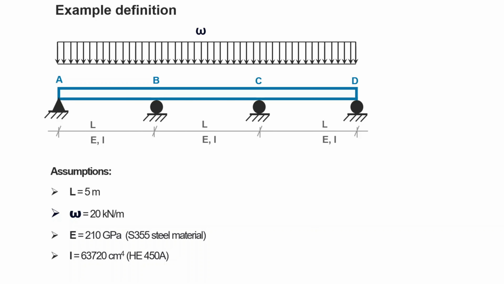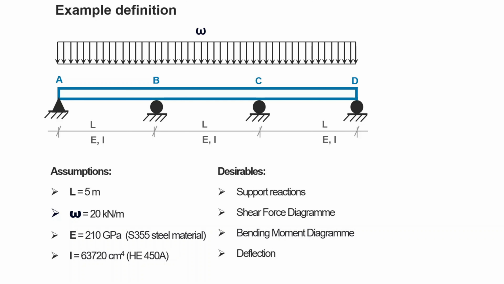I will assume some arbitrary values for these 4 parameters, L, omega, E, and I. However, for now, I continue with the parametric solution, and later on, I will use these arbitrary assumptions to go forward. My goal today is to analyze the structure to obtain support reactions, as well as the shear force diagram, bending moment diagram, and the deflection of the beam.